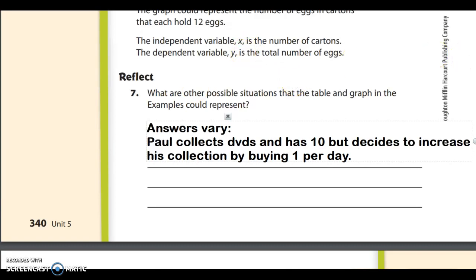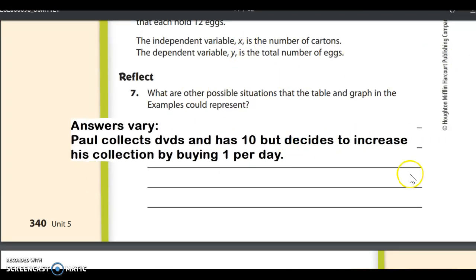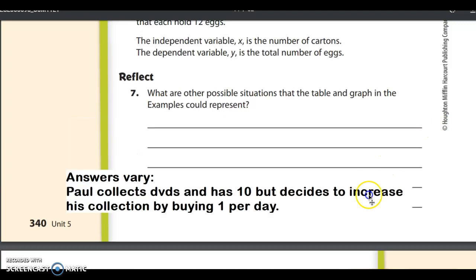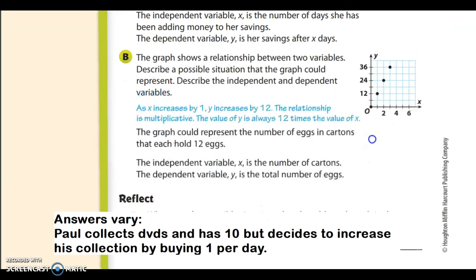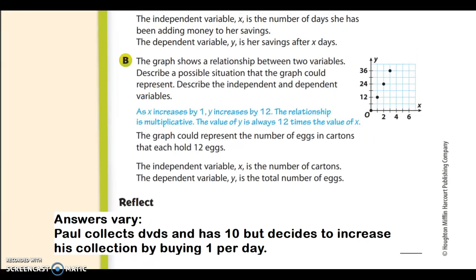That's good enough for that. We described it good enough. Now we're going to add to this answer because we have to also come up with an example for the graph.